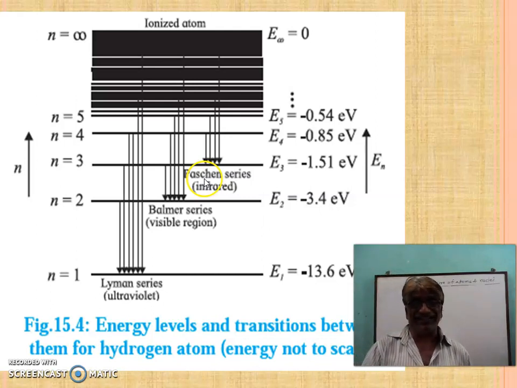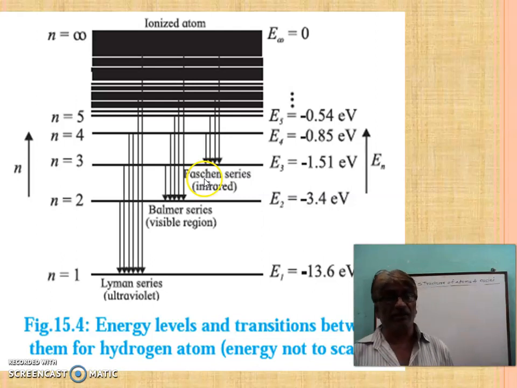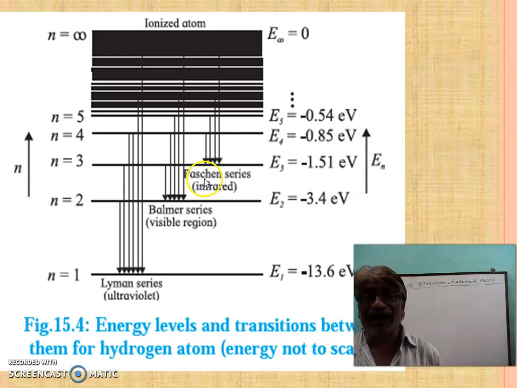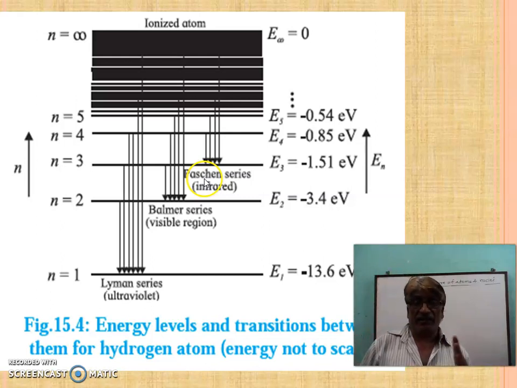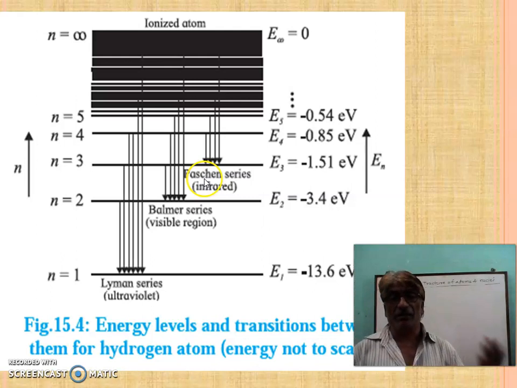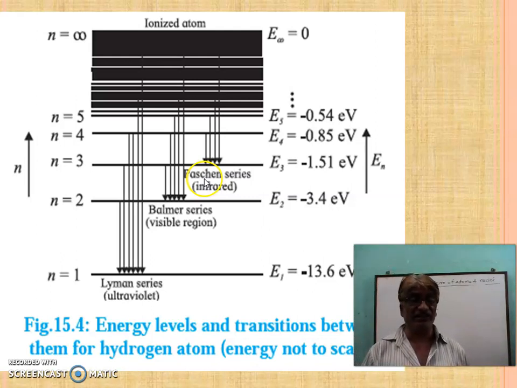See here, the Brackett series lies in the near infrared region, whereas the Pfund series, when an electron jumps from the sixth orbit to the fifth orbit or from the seventh orbit to the fifth inner orbit, is obtained in the far infrared region. That means the near infrared and far infrared regions represent the Brackett series as well as the Pfund series.